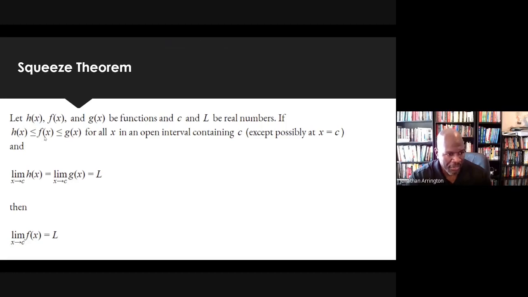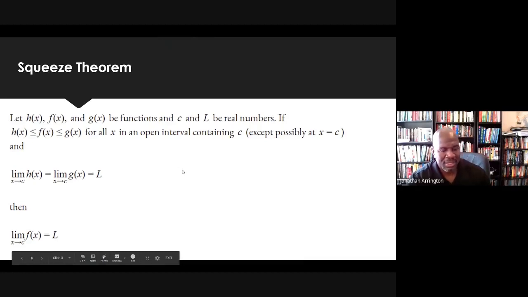So if f is between h and g for all x in the open interval containing c, except possibly at x equals c, and the limit as x goes to c of h is equal to the limit as x goes to c of g, which is L, then the limit of f of x as x goes to c is L.